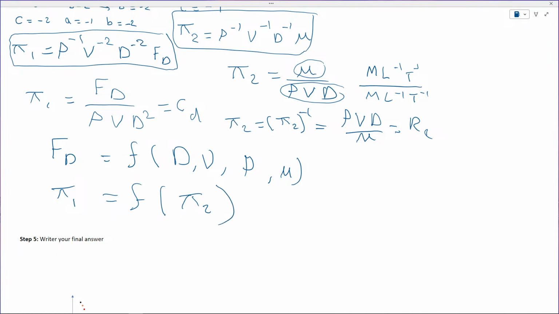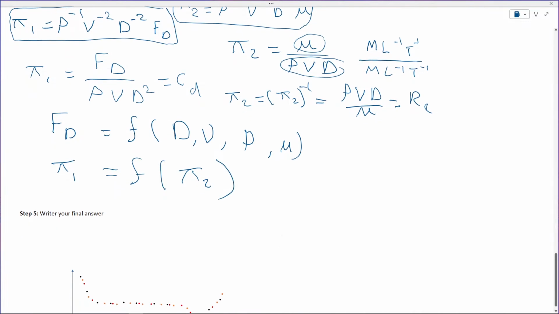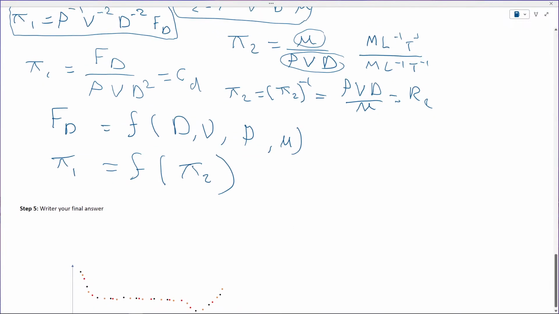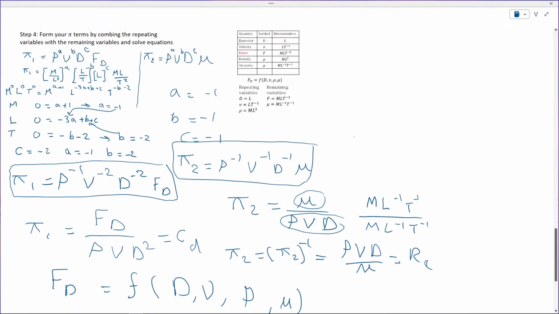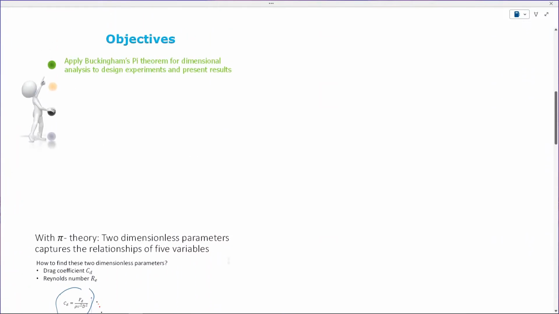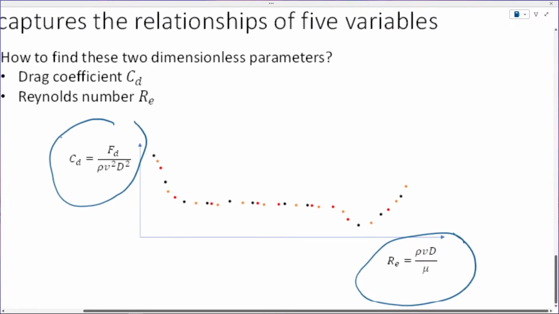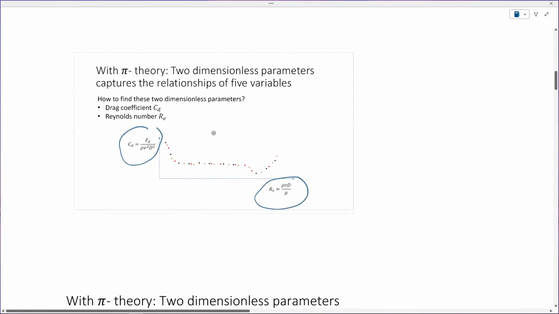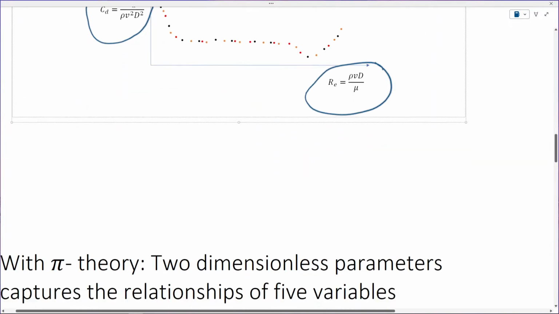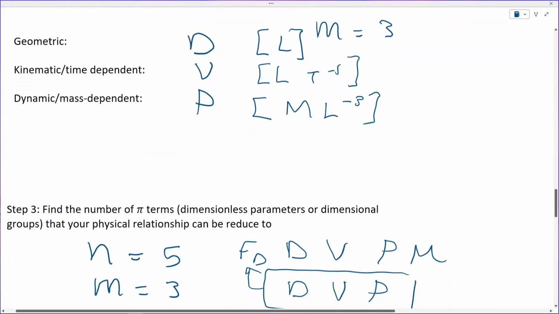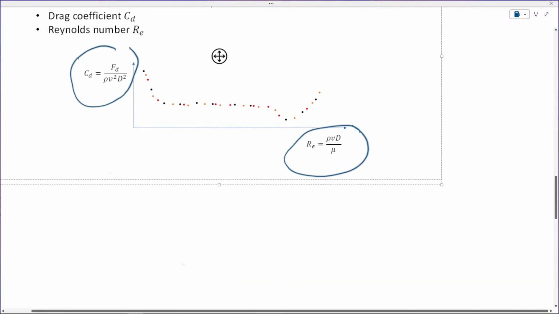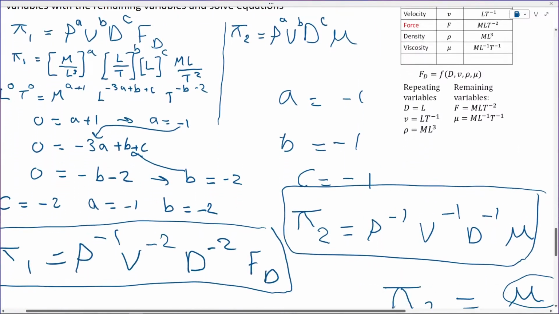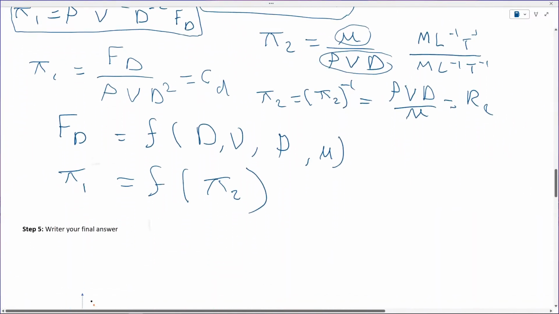So what does this mean? It means that my drag coefficient is a function of the Reynolds number, and that's why we get this non-linear relationship, because sometimes you have laminar flow and sometimes turbulent flow, and your drag coefficient will have a non-linear relationship depending on whether your flow is laminar or turbulent.